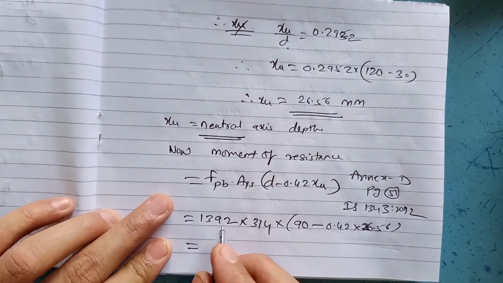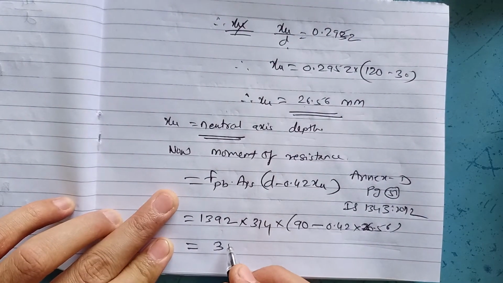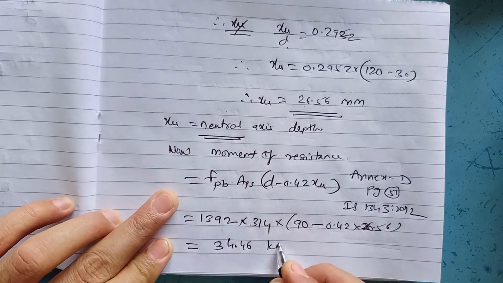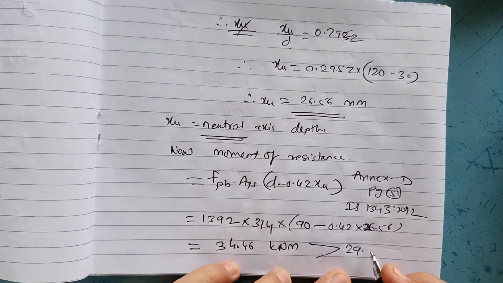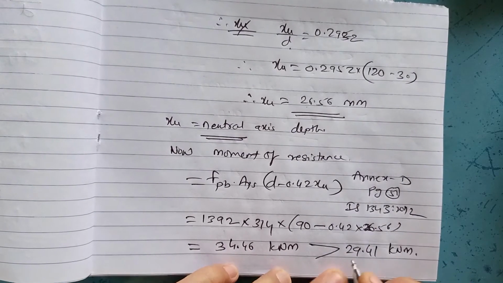Hence we get moment of resistance as 34.46 kilonewton meter, which is greater than 29.41 kilonewton meter.